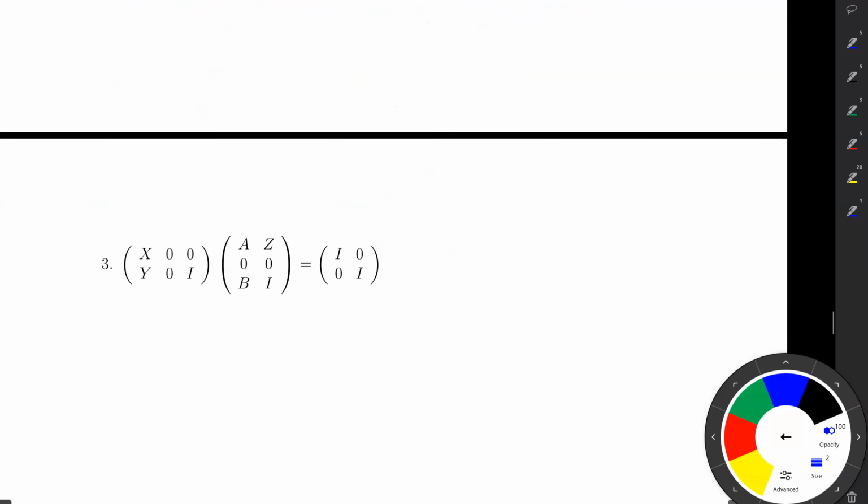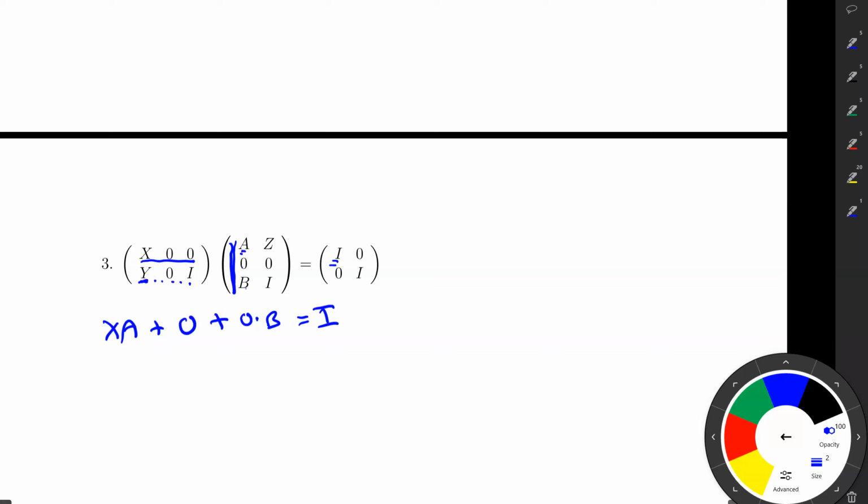All right, let's play with one more here just to make sure you really have the idea. So let's multiply this row times this column. So XA plus 0 times 0 plus 0 times B, and that will be this I. All right, so let's multiply this second row times this column. Remember, order really matters.